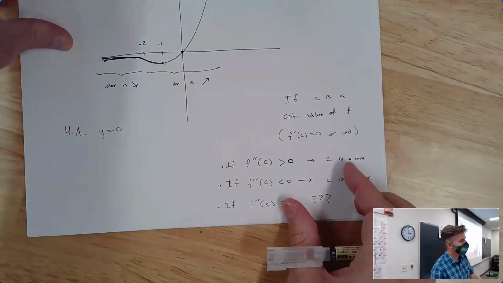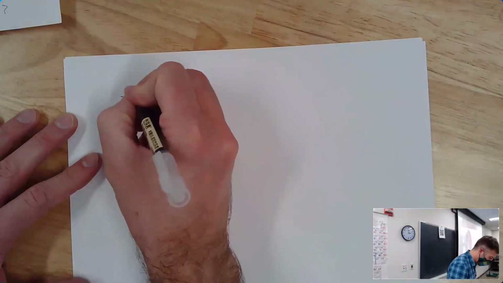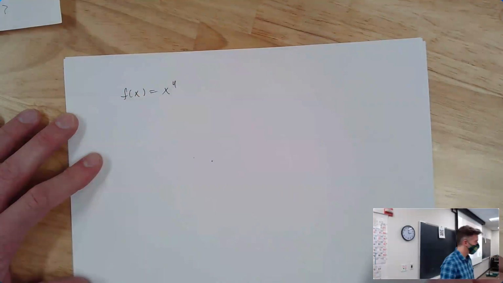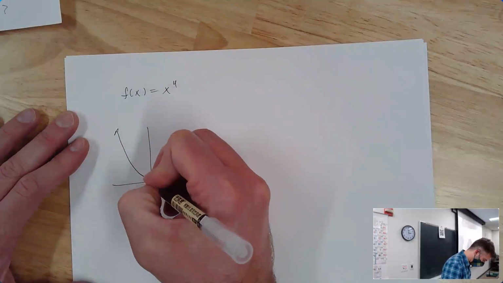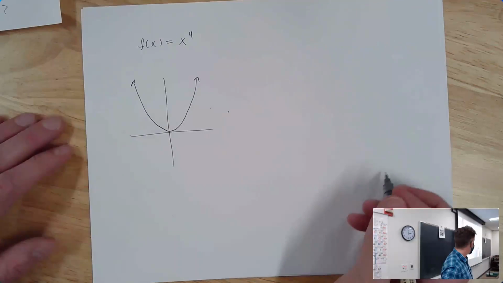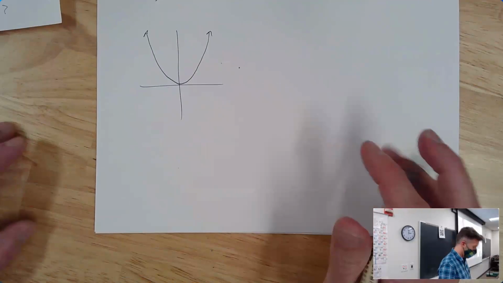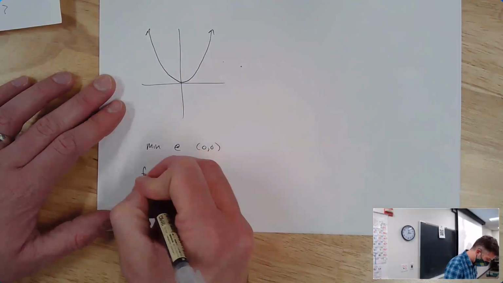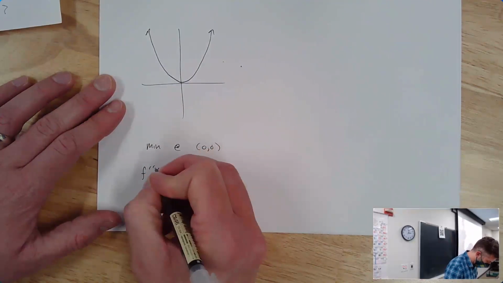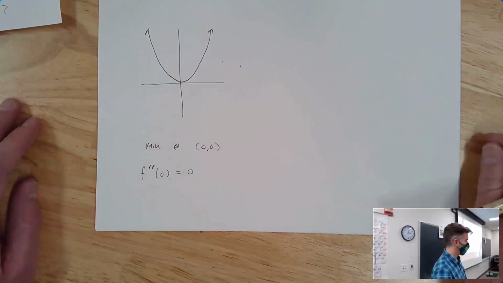Let me leave you with two examples. f of x equal to x to the fourth looks vaguely like this. It definitely has a minimum at 0, 0. But the second derivative at 0 is definitely also 0, because the second derivative is 12x squared.